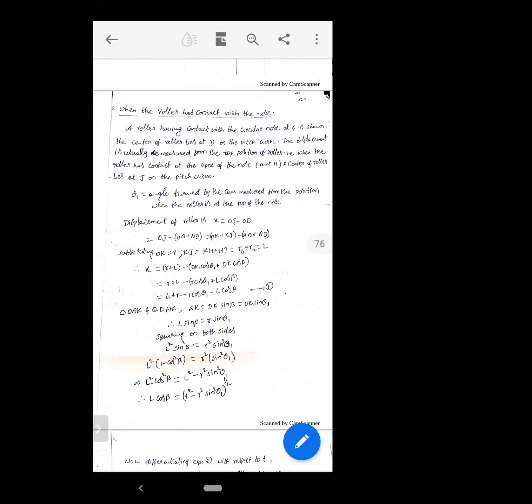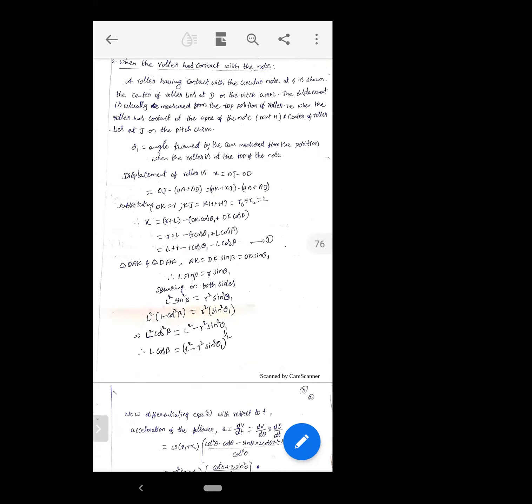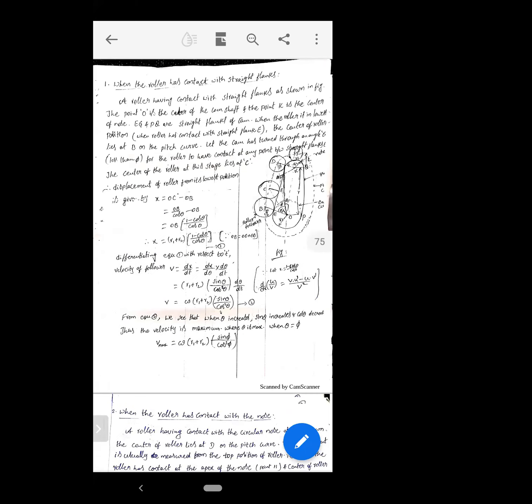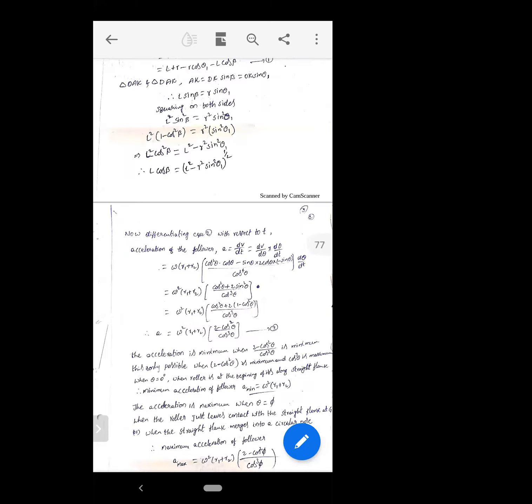Similarly, we have to find out the acceleration. So that is the acceleration. Let's observe how to get the acceleration.